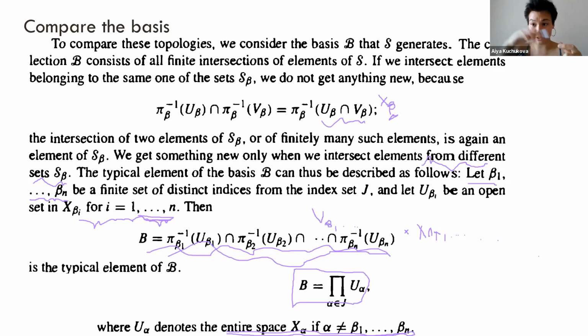And then when we take intersections, you just get a Cartesian product of those open sets, because you restrict it, but in the coordinates where you don't have any restrictions, it just stays the whole space. Is that the idea you're trying to imply? Okay.